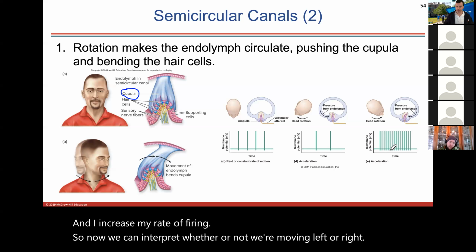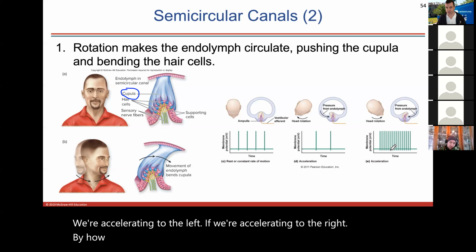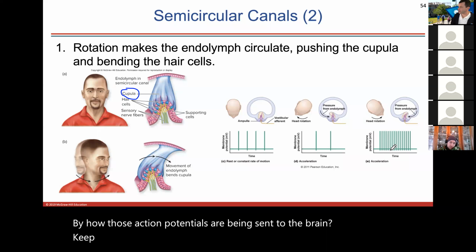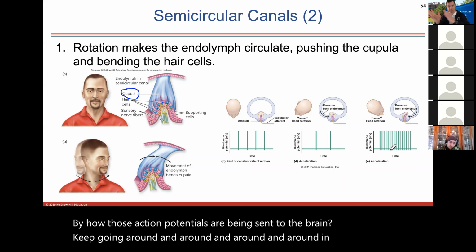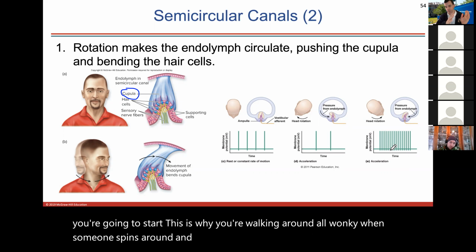We're accelerating to the left or accelerating to the right by how those action potentials are being sent to the brain. Keep going around and around in circles, and this is why you're walking around all wonky when someone spins you around, because you have waves going this way and then waves coming back through the other side.